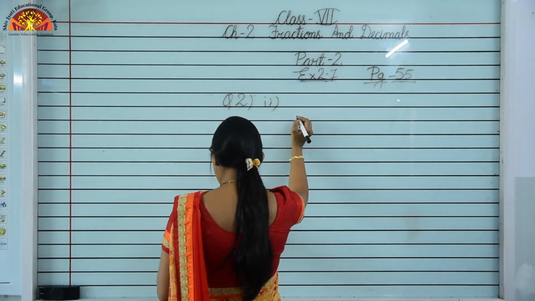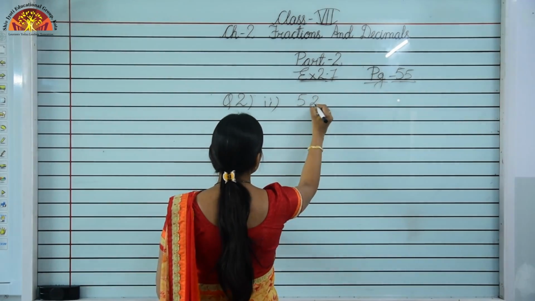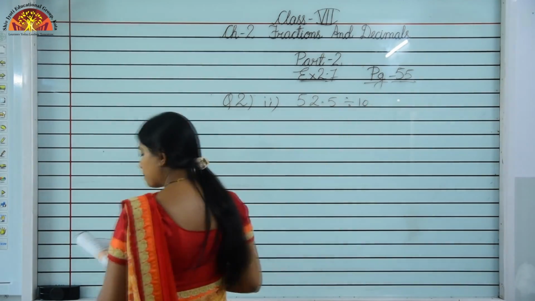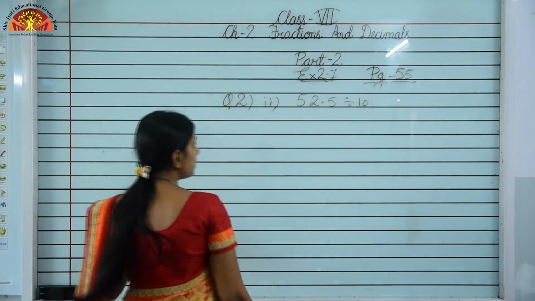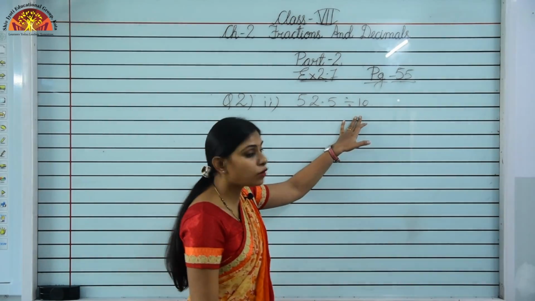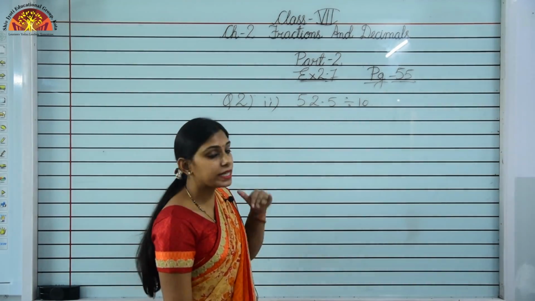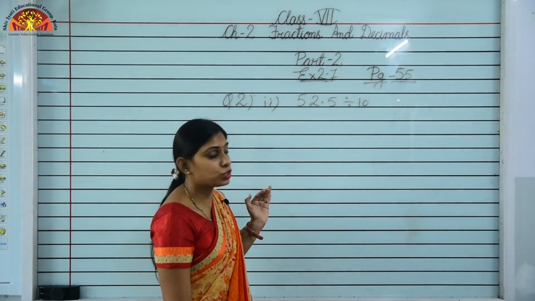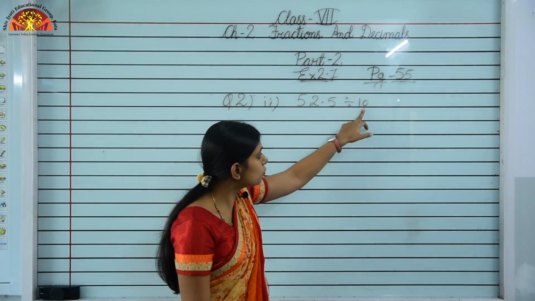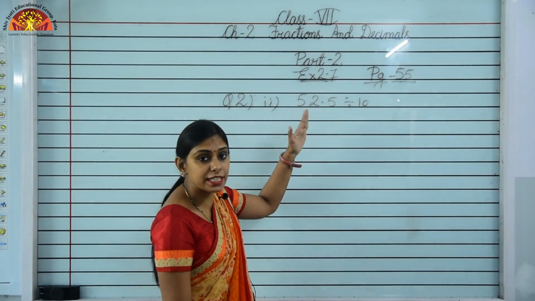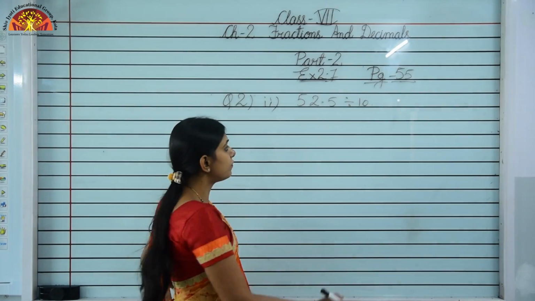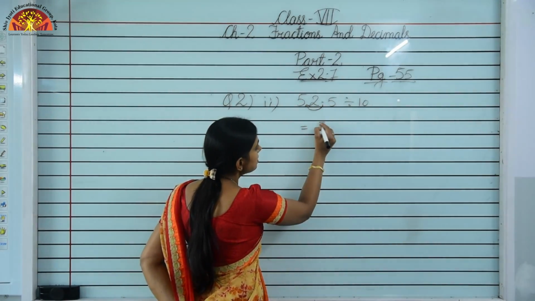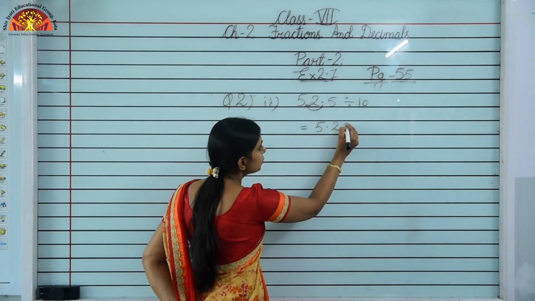It is given 52.5 divided by 10. Now children, just please pay attention over here. Whenever you are just dividing with the multiples of 10, जब भी आप मल्टीपल्स ऑफ 10 से डिवाइड करते हैं तो क्या करते हैं, जो डेसिमल रहता है वो लेफ्ट हैंड साइड पे शिफ्ट हो जाता है. इज इट क्लियर? देयर इज ओनली 1 0. सो नाउ दिस डेसिमल विल गेट शिफ्टेड टू वन प्लेस टुवर्ड्स द लेफ्ट. तो ये डेसिमल कहाँ पे आ जाएगा? यहाँ पे आ जाएगा. सो योर आंसर विल बी 5.25.